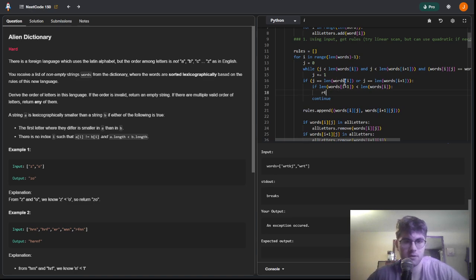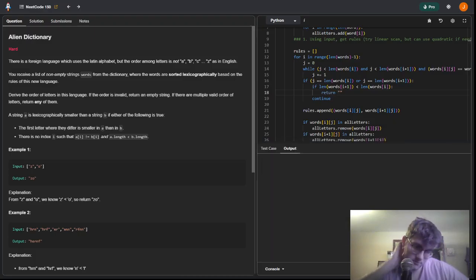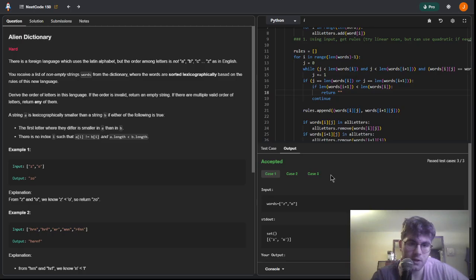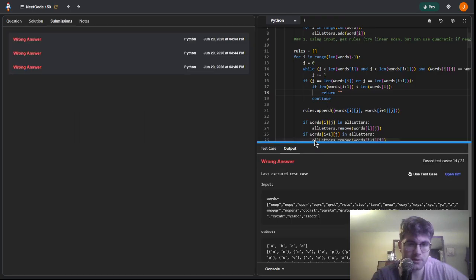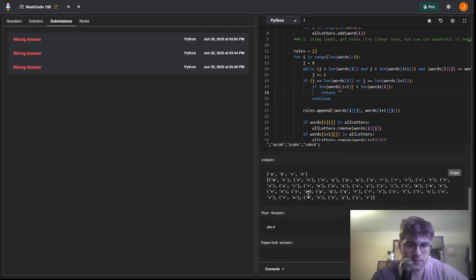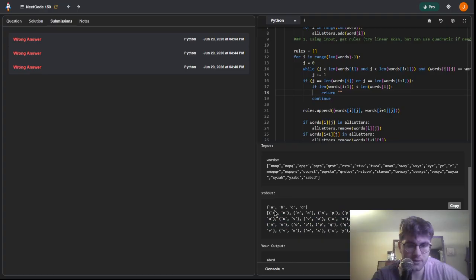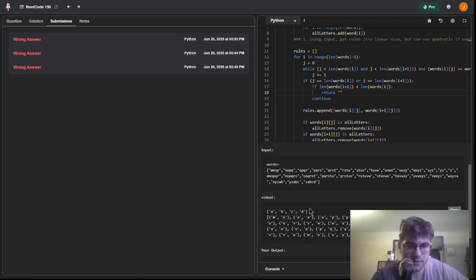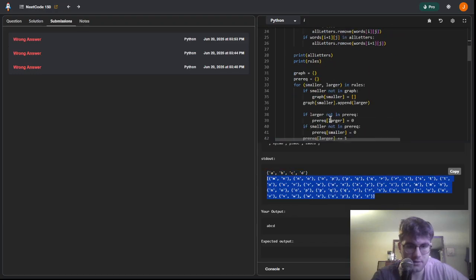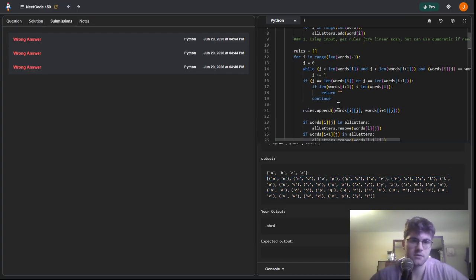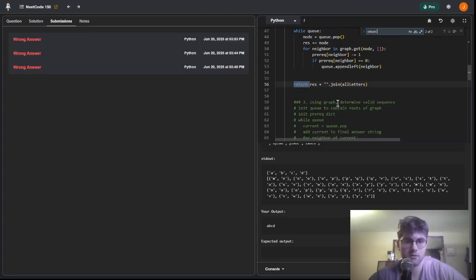Okay. Return like that. So this way was working. Okay. Let me see where this would fail next. Okay. So this is probably one that has a cycle in it. So we have these unused letters and this. So what did I return? So let me print what result is.